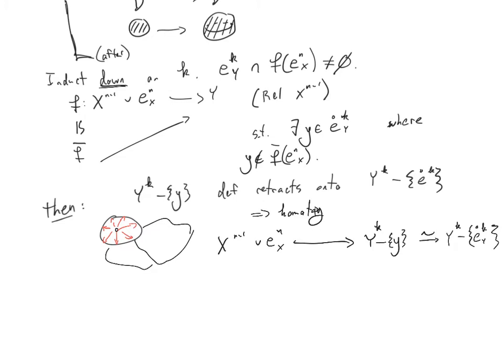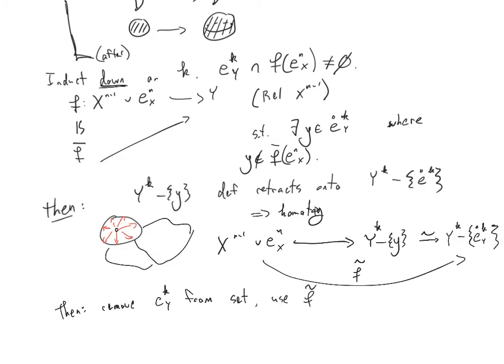Cool. And this new map we'll call f twiddle. And so then remove ek from the set, because f twiddle is no longer intersecting with it.